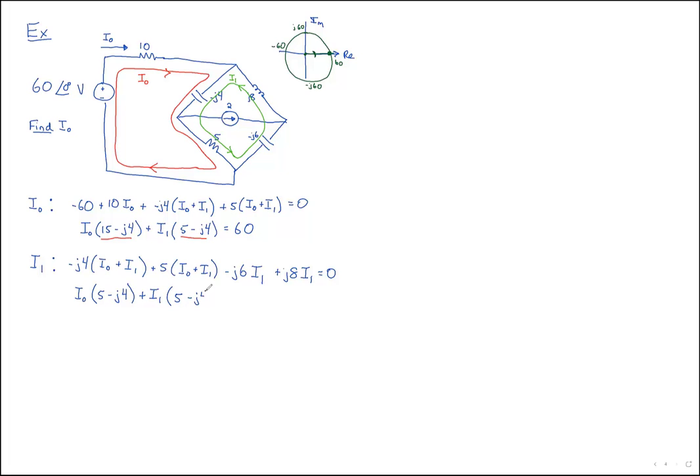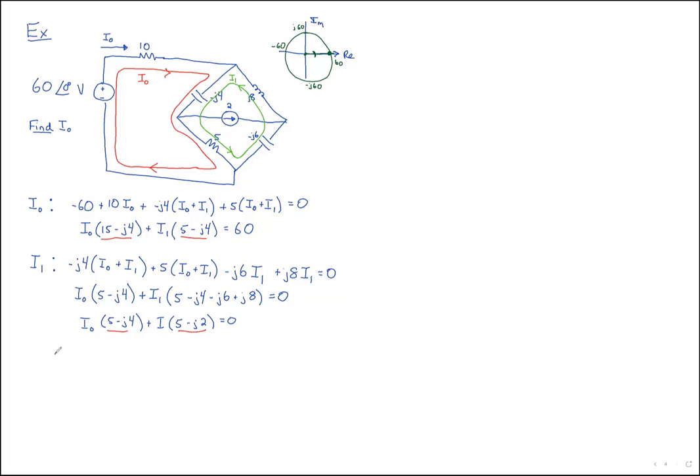We've got minus J4, minus J6. We've got plus J8, and all that equals 0. So let's simplify this down again. We've got 5 minus J4 of I naught, and we've got 5 minus J4 minus J6 plus J8. That gives us minus J2. And so again, the matrix coefficients will be this for I naught and this for I1.